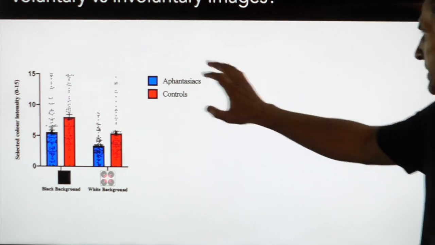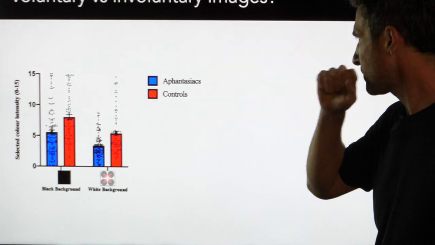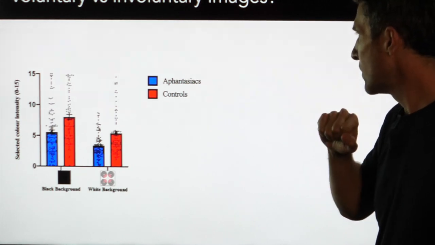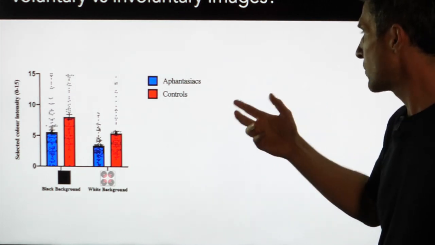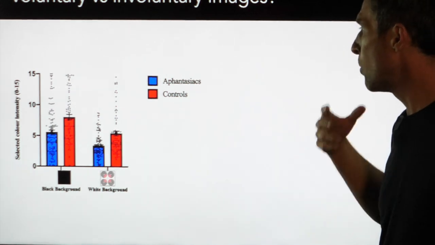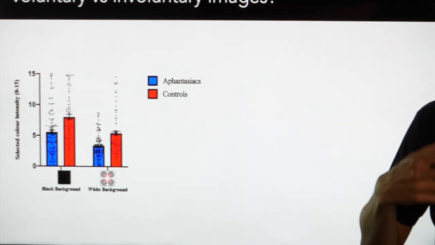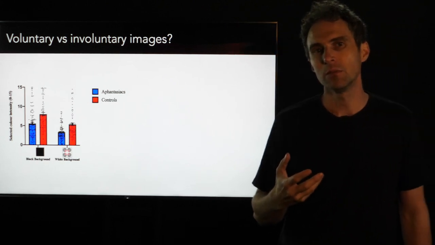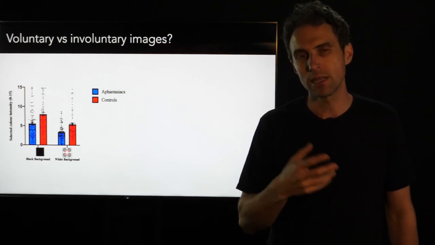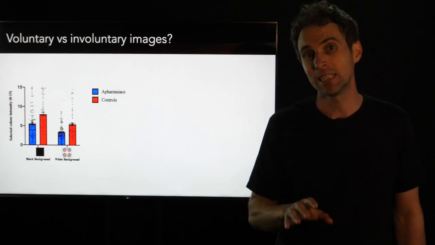And this is data for a dark background and a white background. And we're seeing that on the whole, and significantly so, those with imagery are reporting in both those conditions stronger involuntary imagery, stronger red or green, we do this with different colors, in the center there.